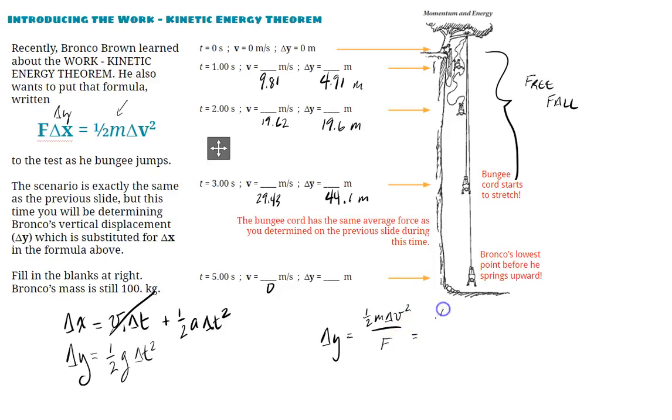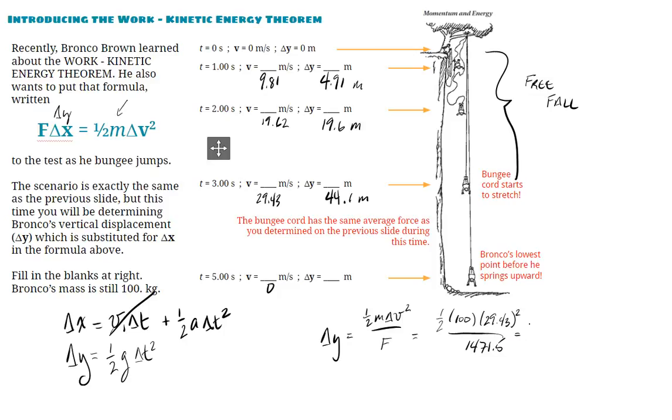So this is 1/2 times 100 times the change in the velocity squared, so 29.43 squared, all over 1471.5, which I think was correct.